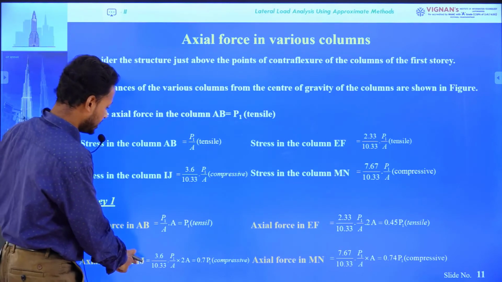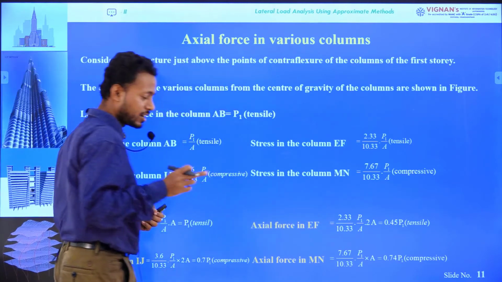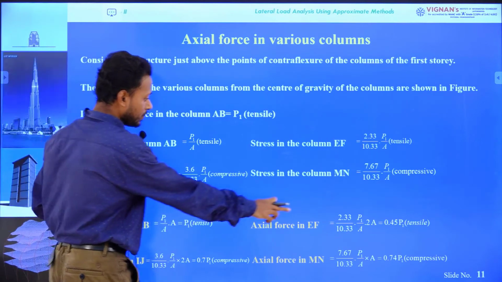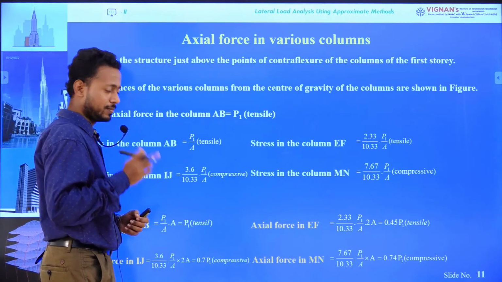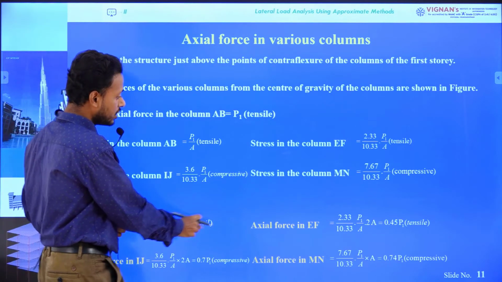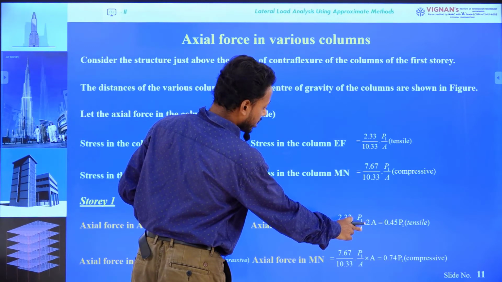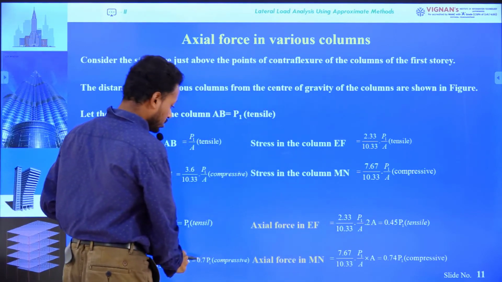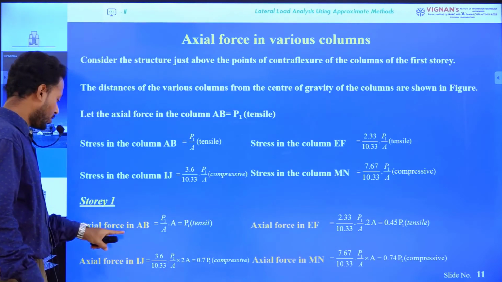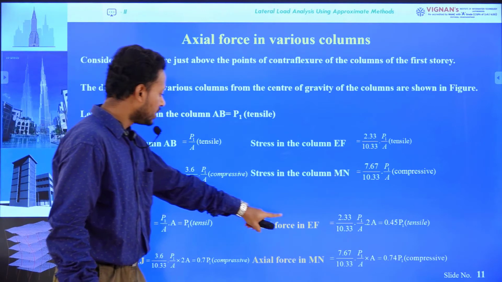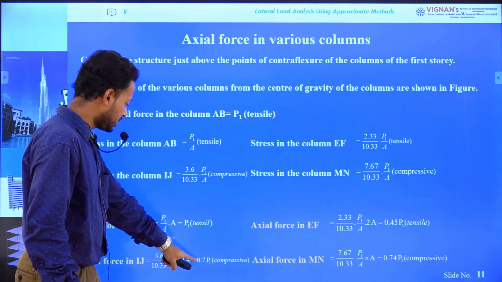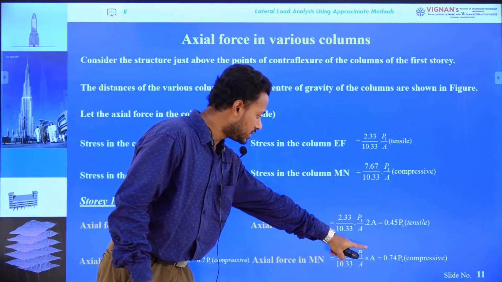Okay, so IJ and EF are the interior columns, so the cross sectional area of these two columns is 2A, and the exterior column area is A. So here you multiply the stress with cross sectional area A, this with 2A, this also 2A, and this A. So in this way we have calculated the axial force in AB, that is P1, in EF, that is 0.45 P1, in IJ, that is 0.7 P1, and in MN, that is 0.74 P1.